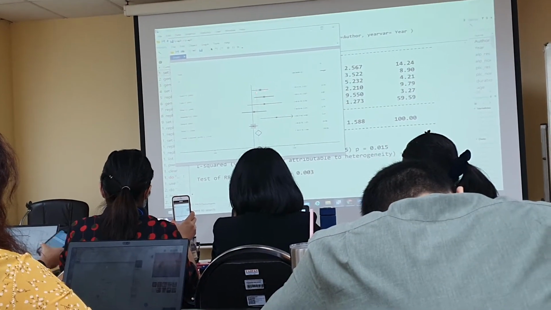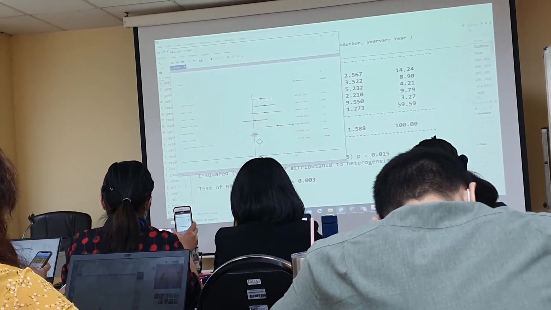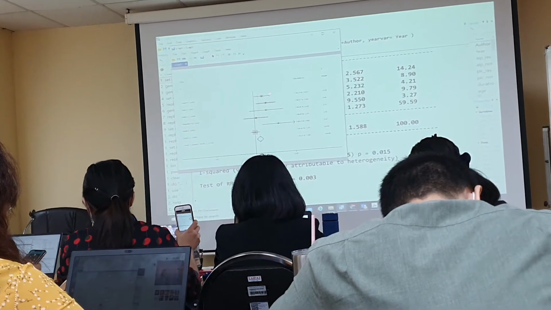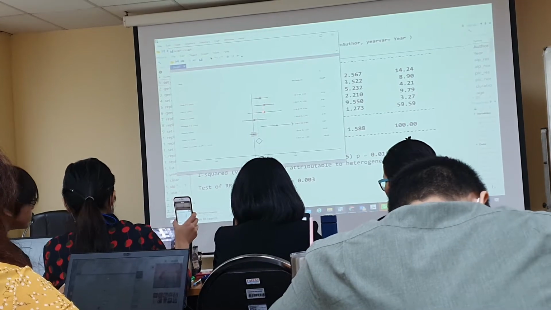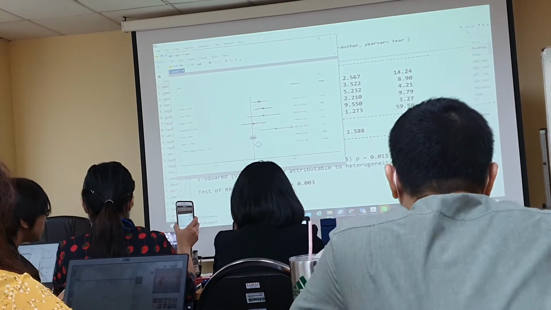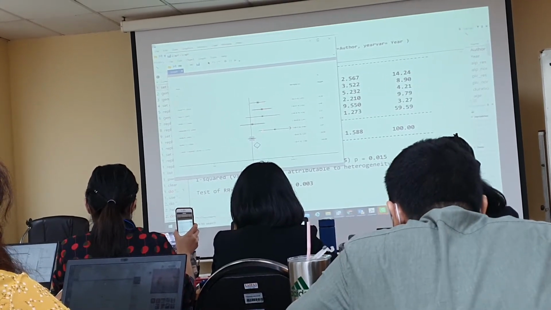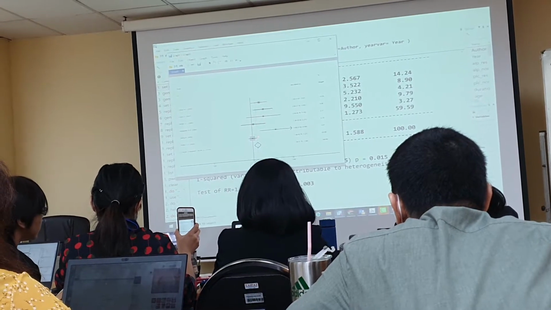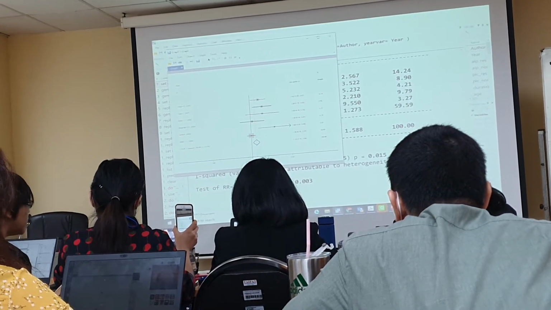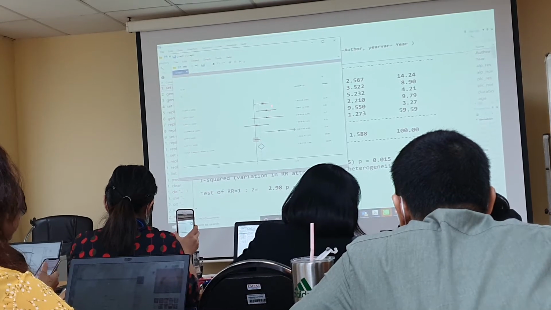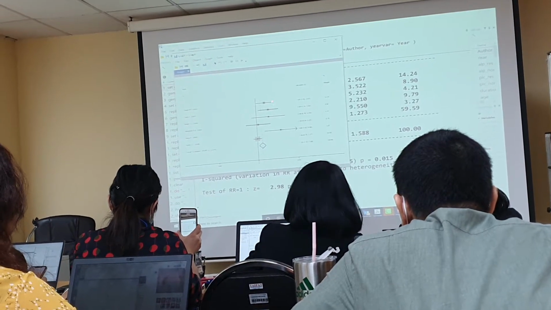Look at the lower limit of this study or the upper limit of the first study, overlapped with the lower limit, overlapped with the lower limit, overlapped with this one, but not overlapped with this one. You see, further away, upper limit and now lower limit.